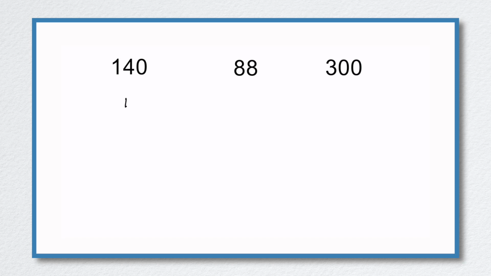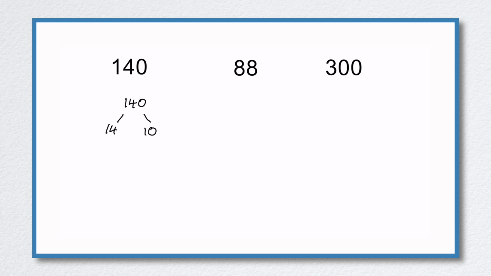140. I happen to know that I can break this down into 14 and 10. Because it ends in a 0, I know the number is divisible by 10, so let's just make it easy. I've got 14 and 10.